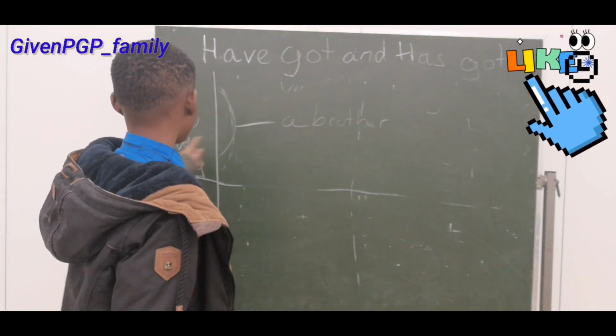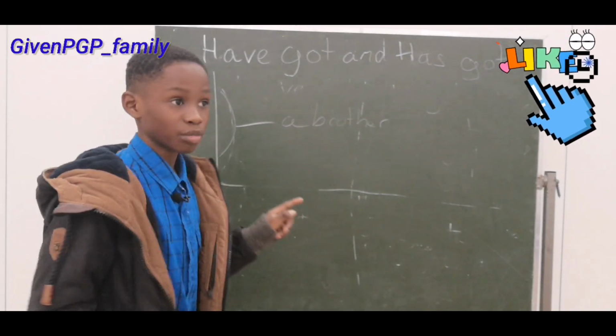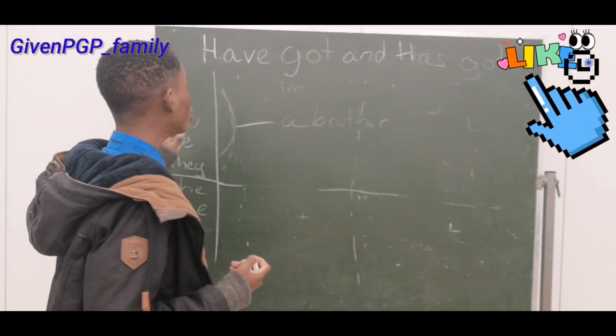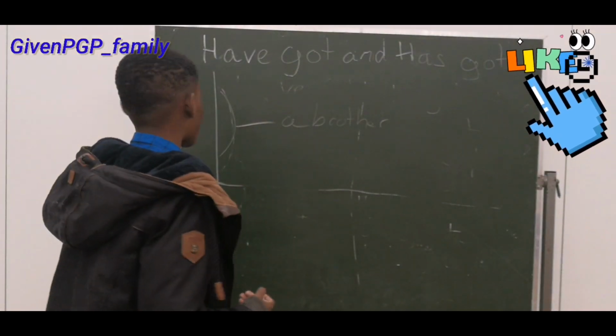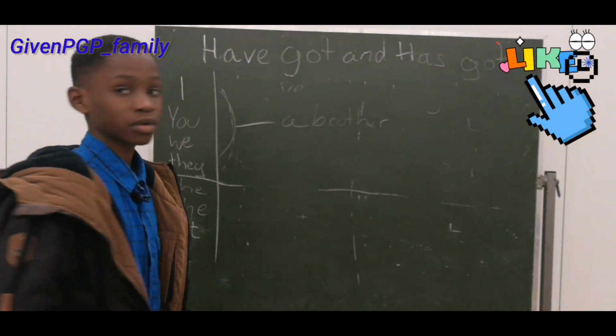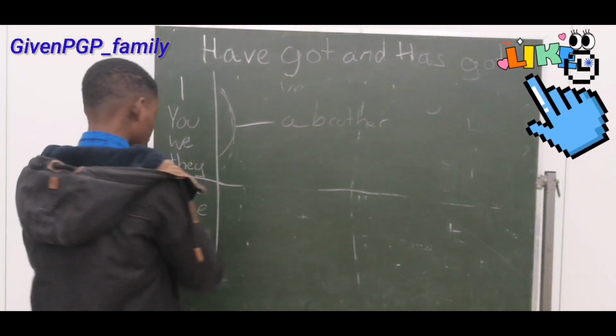I have got a brother. You have got a brother. We have got a brother. They have got a brother. So short form: I've got a brother. You've got a brother. We've got a brother. They've got a brother.